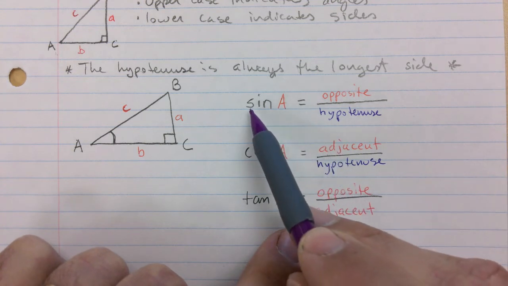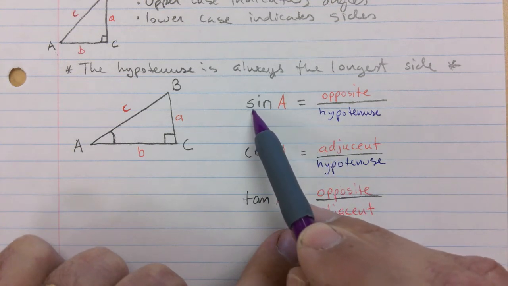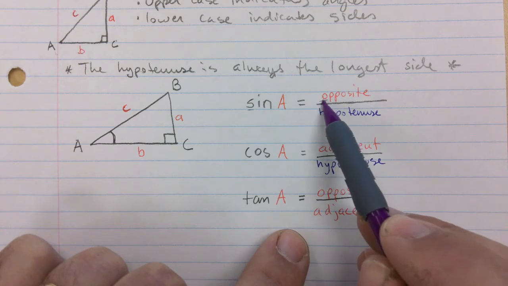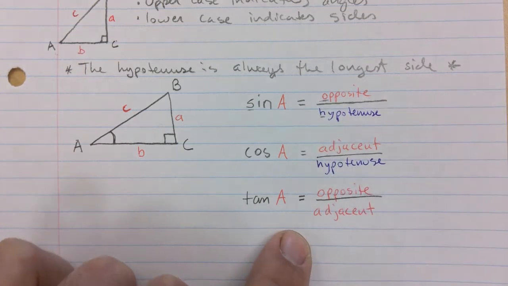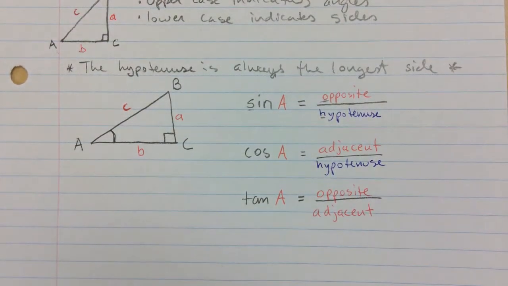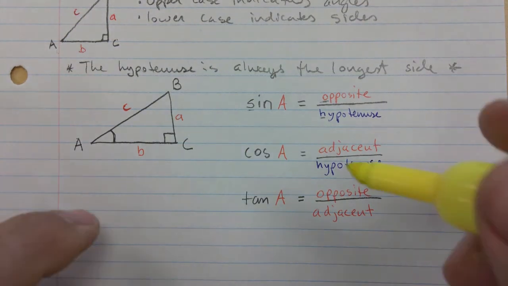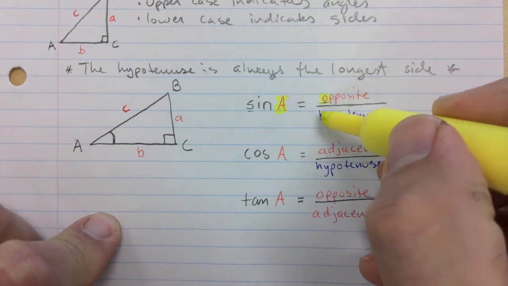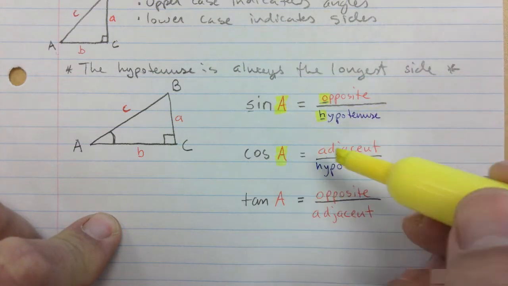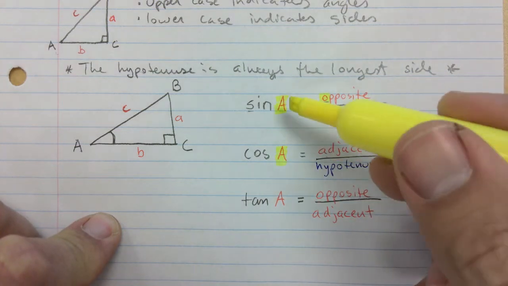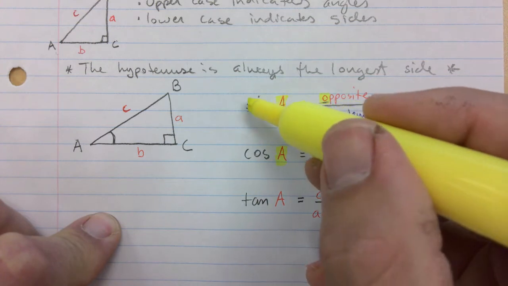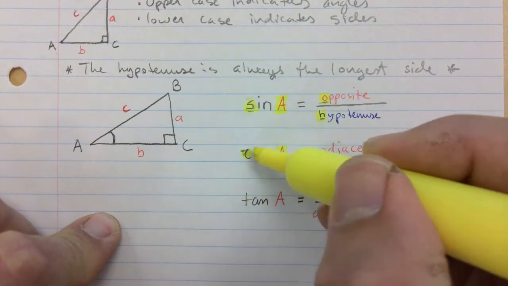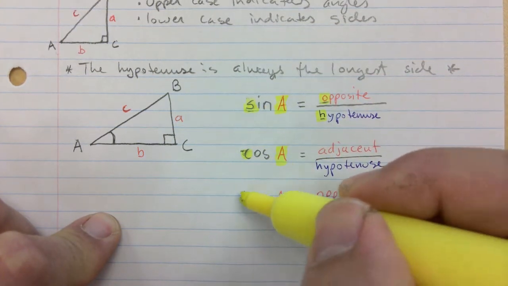So think about this, right? S O H, so I'm going to highlight that. One second. Sorry, I didn't mean to do A. I want to do sine, cosine, tangent, right?